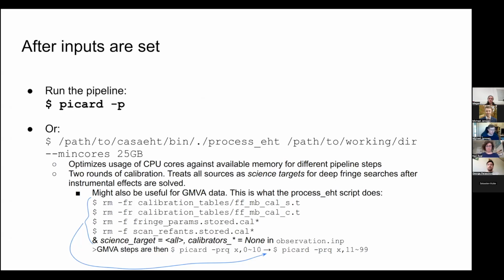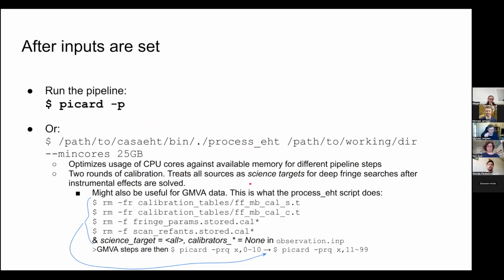One EHT dataset can be up to 1 terabyte in size, for example, and fringe fitting is quite memory intensive. So if you just run the pipeline like this, you can run into trouble. But this process EHT script is a bit more careful in balancing the number of CPU cores for individual steps of the pipeline versus how much memory these individual steps need.